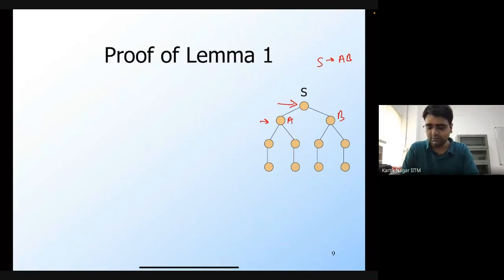Okay. So what this means is that if you draw the parse tree for any string, then at every level the number of nodes can be at most double. And remember that at the end we must get the string, which means that the number of nodes at the very last level must be equal to the length of the string.